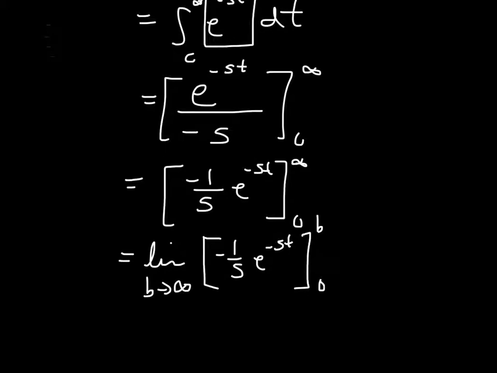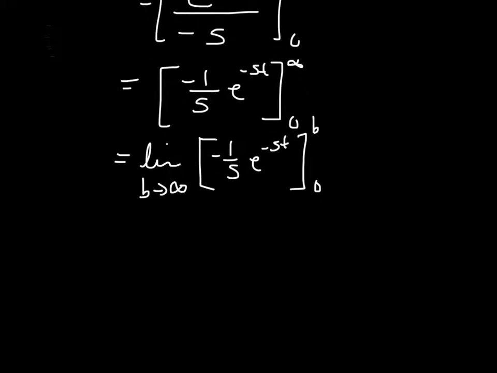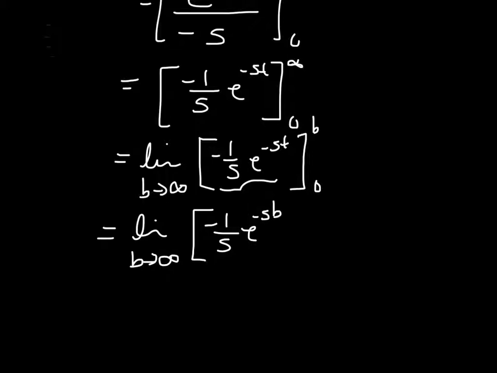Using the fundamental theorem of calculus, we can evaluate at 0 and b, and I'm going to write my limit. This is a function of t, so we input our b: e to the negative s b, minus 1 over s e to the negative s times 0.